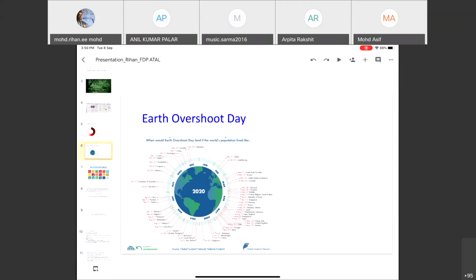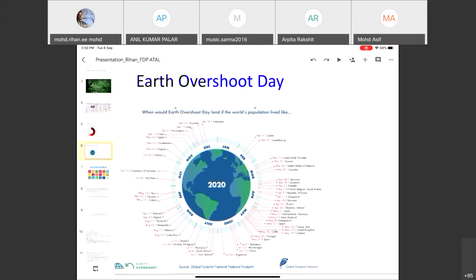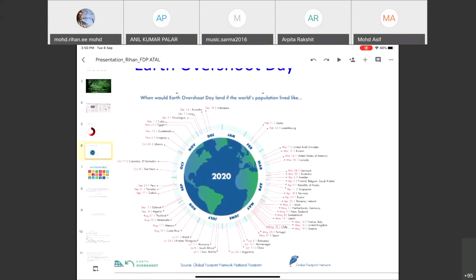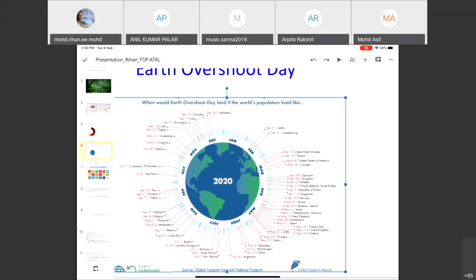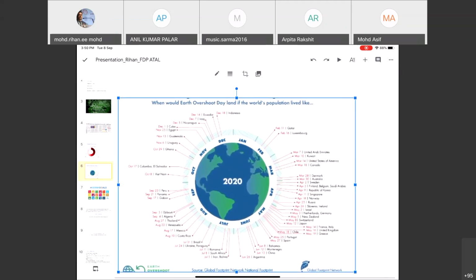Now, what this slide is showing, basically, is again a study in which they are saying that if the whole world starts living like the country which has been mentioned, then which day will be the Earth overshoot day? Of course, as you move towards December, these are our target dates, and the earlier dates we do not want.